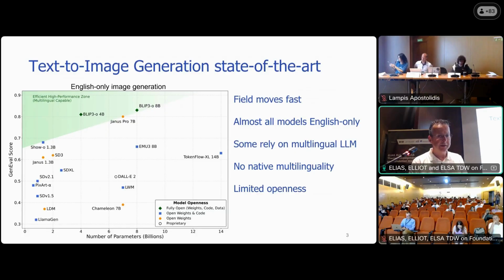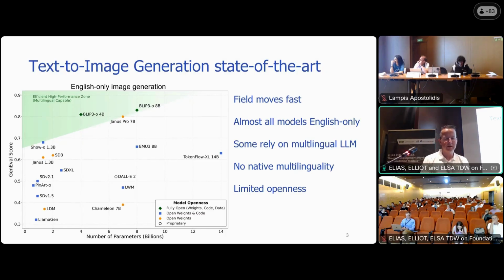You can also see that almost all these models are English only. Some of them, like BLIP3-o, rely on a multilingual LLM as part of their multimodal stack. But they are not natively multilingual, in the sense that there is no real connection between the text, the language, and the image representation.